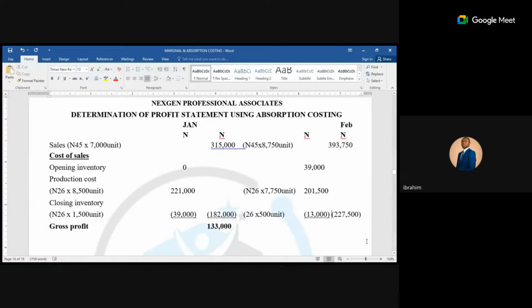So what is the gross profit? 166,250. Okay. Makes sense. 166,250. Okay, that's fine.